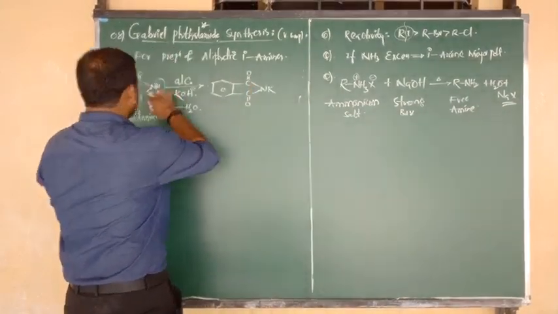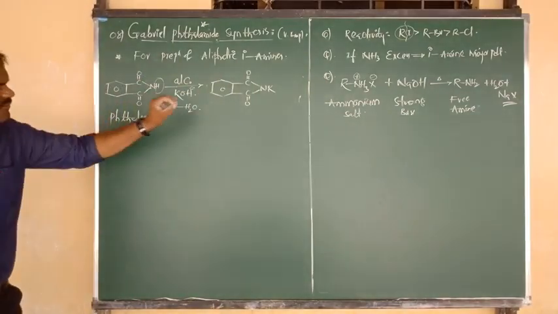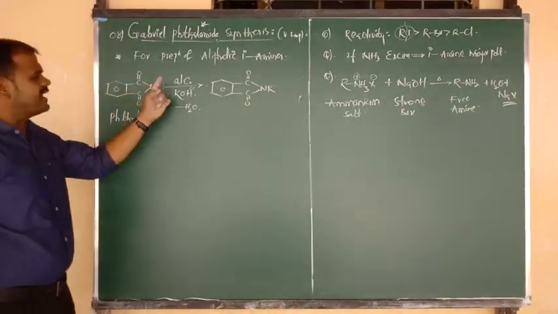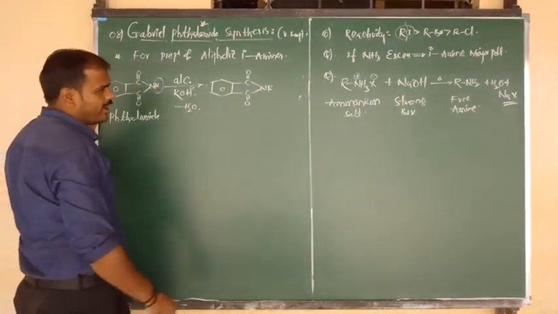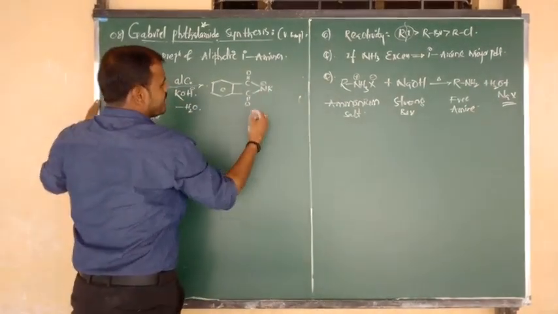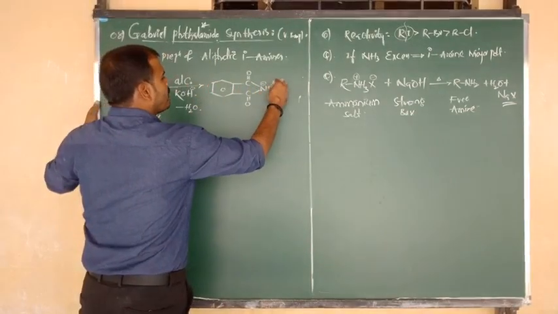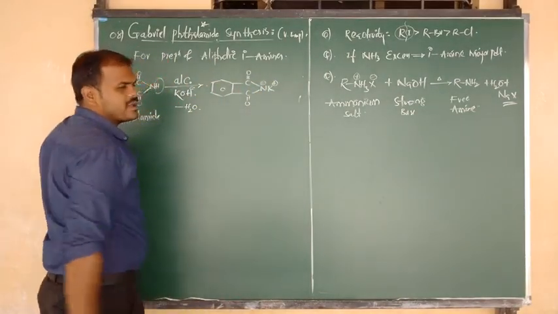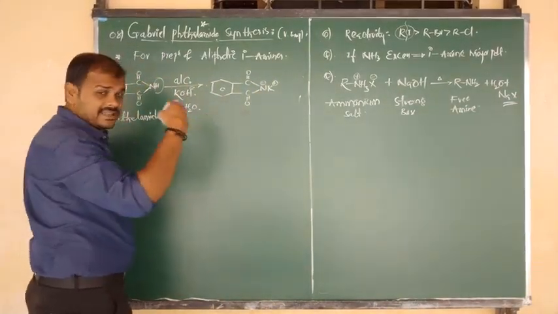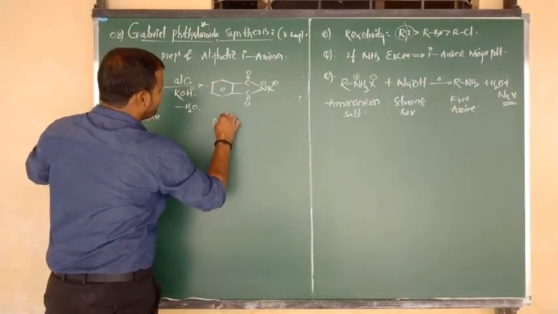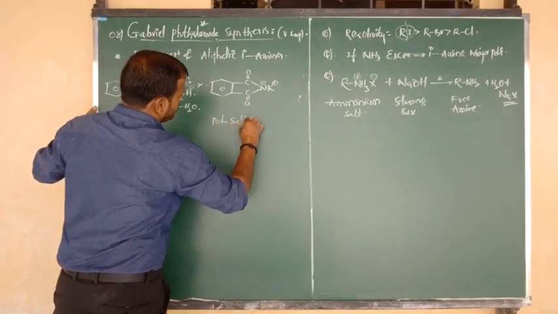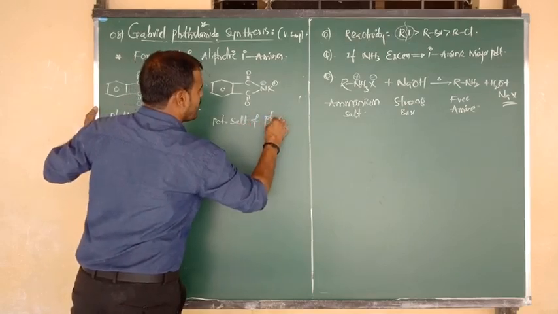So NH becomes NK. Every formula is the same, just NH becomes NK upon heating with alcoholic KOH. Nitrogen has electronegative nature, potassium has electropositive nature. So we can say this is nothing but a salt, but which metal salt? Potassium salt.